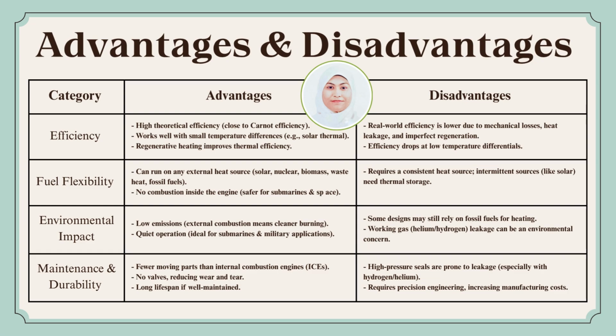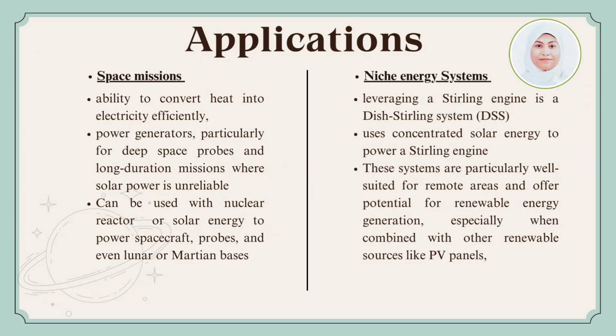There are two applications of the Stirling engine. First is space missions and niche energy systems. Space missions have the ability to convert heat into electricity efficiently. It also works as power generators, particularly for deep space probes and long duration missions where solar power is unreliable.